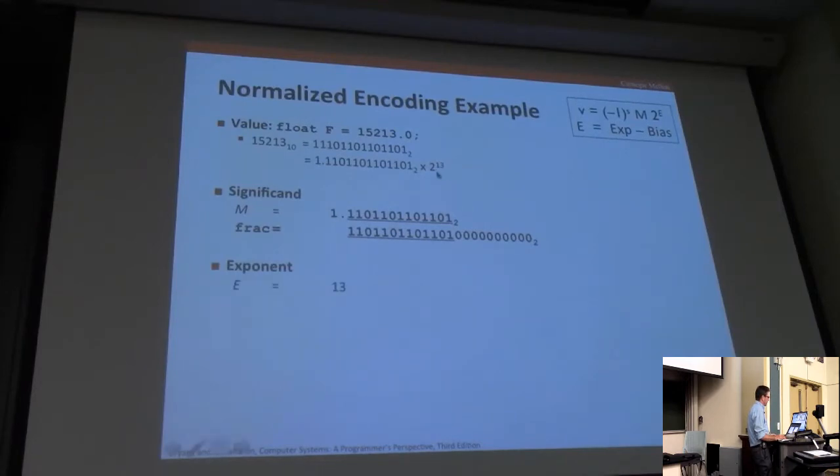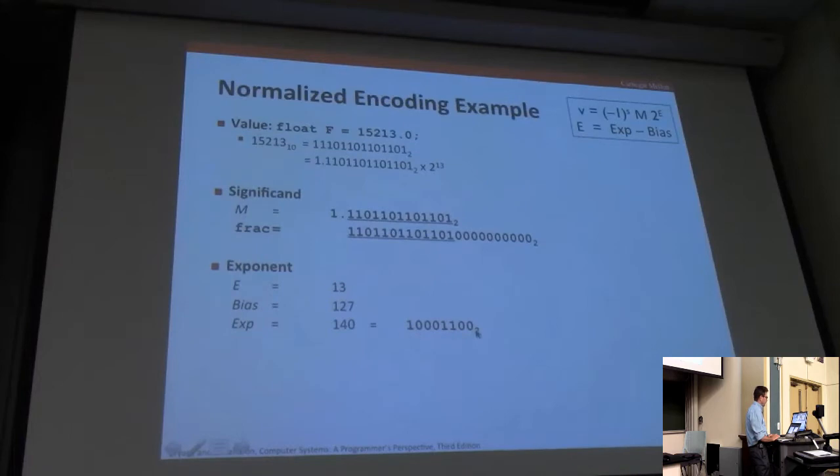The exponent, so in this case, E is, we're multiplying by 2 to the 13th. So E is 13. So we want to represent the value 13 using this biased encoding. So the bias is 127. And so the value of the EXP field should be 140. Because if we take 140 minus 127, we get 13.